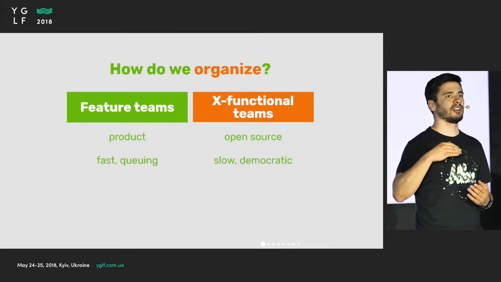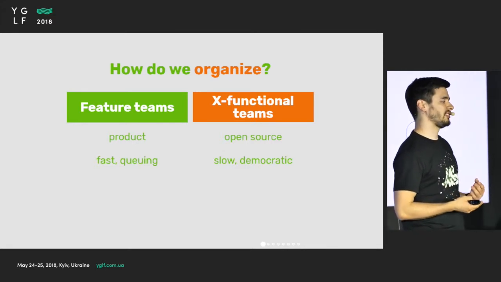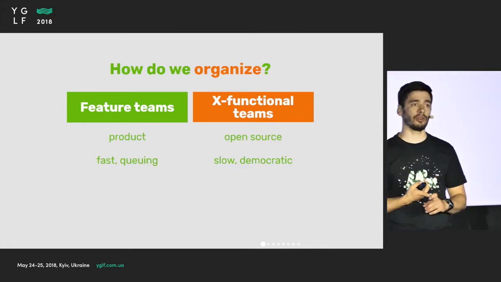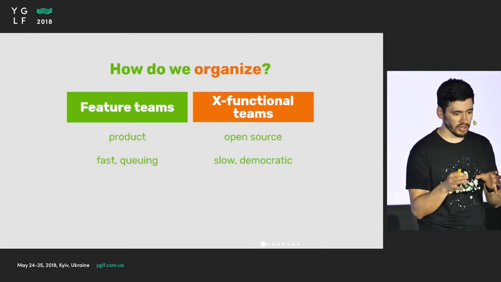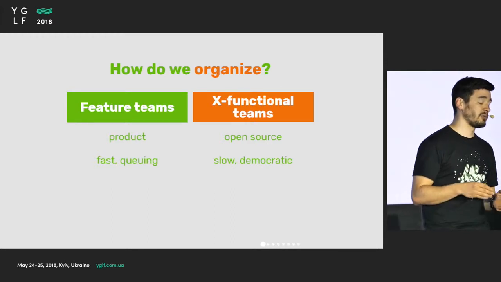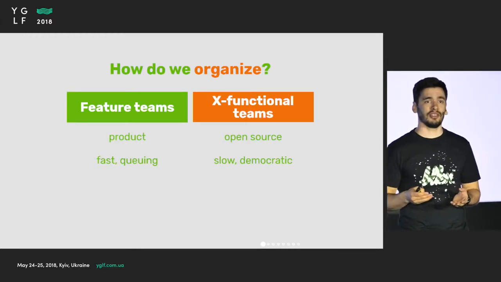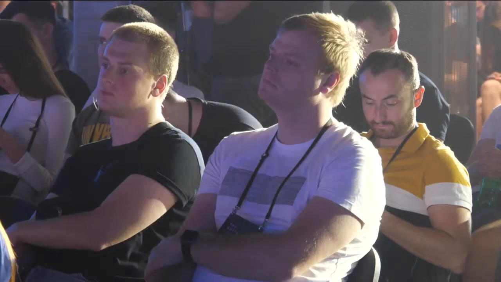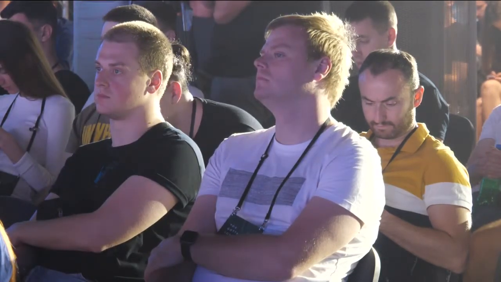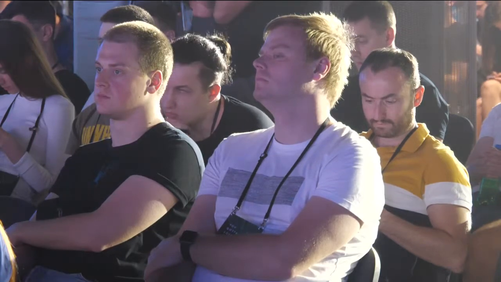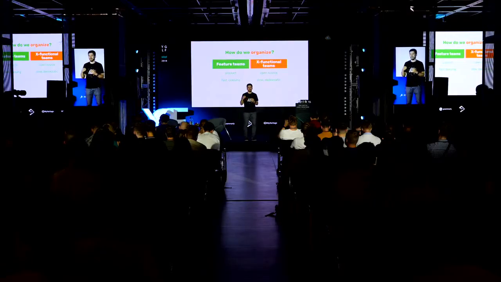An interesting consequence of these approaches is that the feature teams work a lot faster because they know their code bases. That's what they focused on. So they are a lot faster. While the cross-functional teams, even if they have multiple talents and they know a lot of different code bases, the context switching costs time. So they will be inevitably slower.